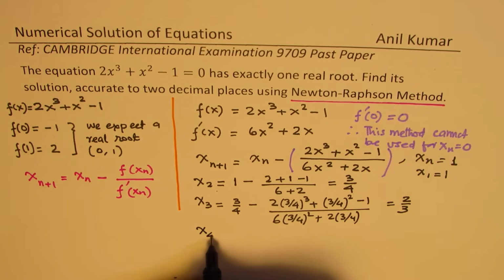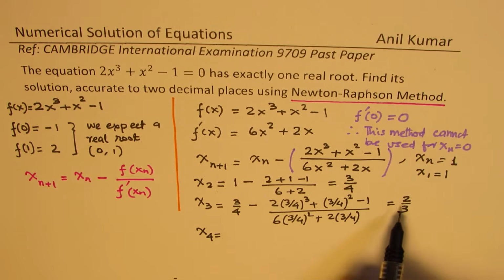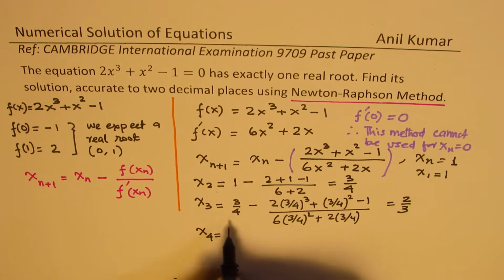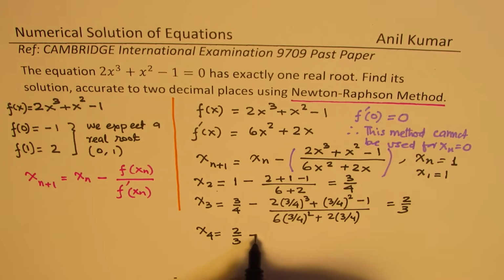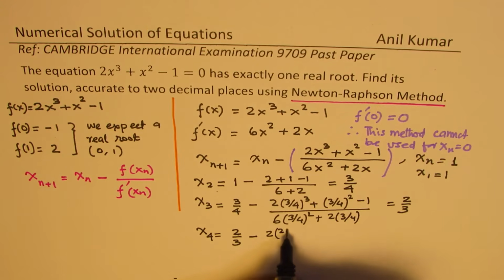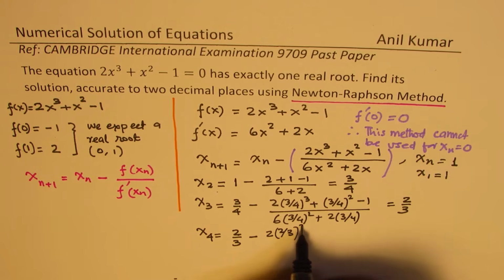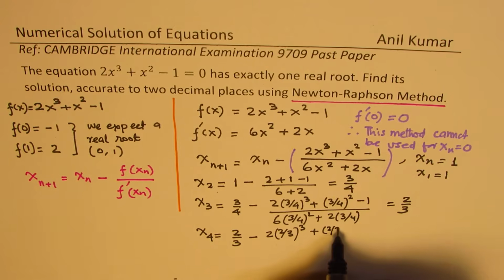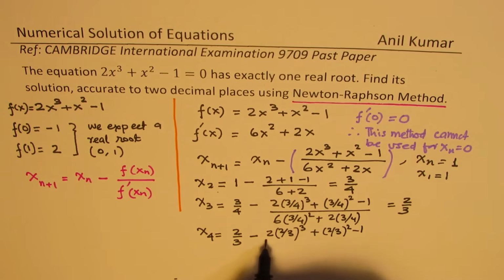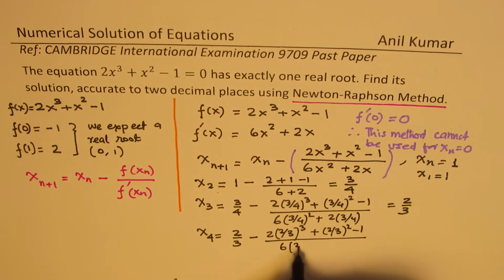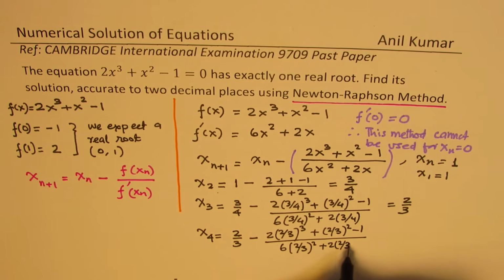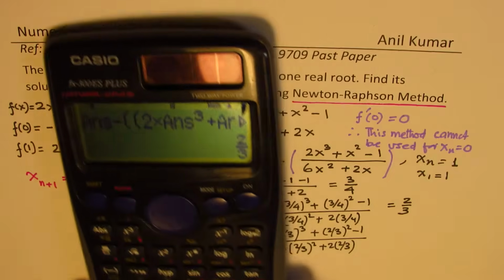Let's find what is x4. So for x4, 2 over 3 becomes x3, right? So we get 2 over 3 minus 2 times 2 over 3 whole cube plus 2 over 3 whole square minus 1 over 6 times 2 over 3 square plus 2 times 2 over 3. Is that clear to you? So let's recalculate.